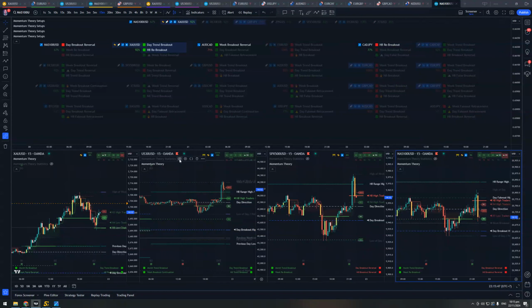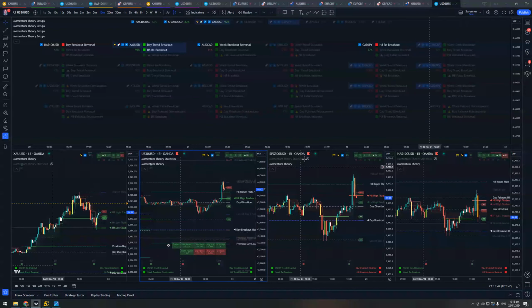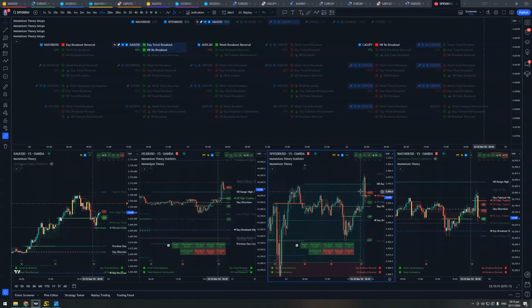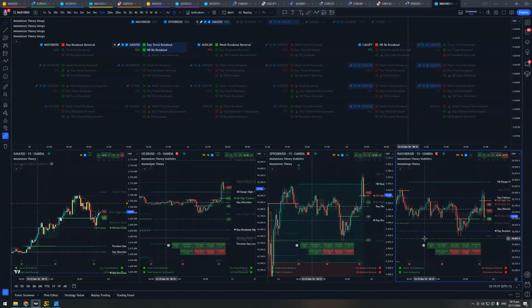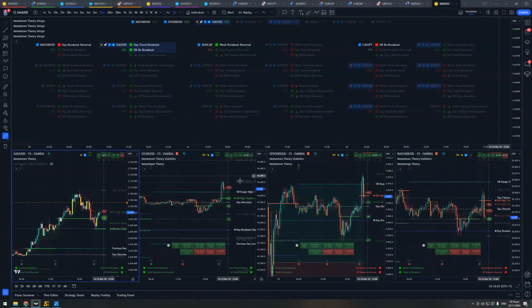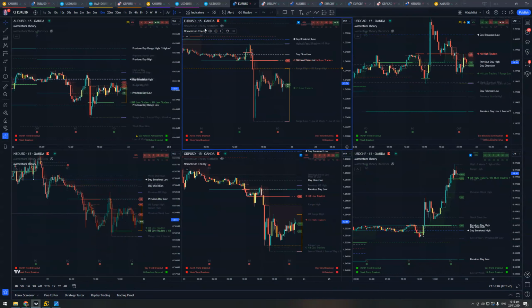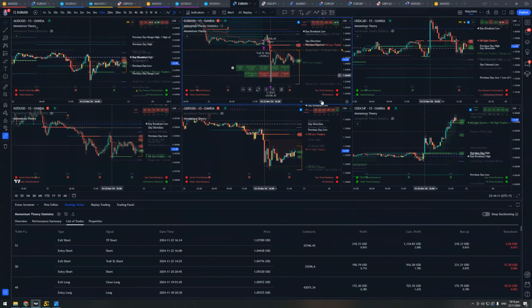And so this is the whole purpose of me creating this robot trader, so it can take these trades without me having to focus on them. So I could focus purely on just scalping one market, while the robot trader can take all these other trades that I've missed.